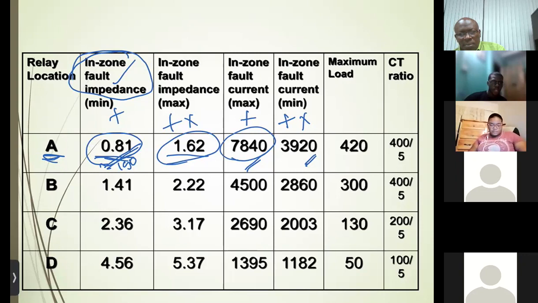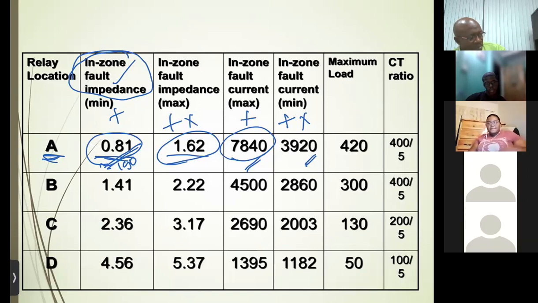Sir, would that be to ensure that you have discrimination? Absolutely. So if I'm going to look at relay A, which relay would it be providing backup for? That would be to relay B. All right, now, it therefore means that relay A must operate if relay B has a problem.